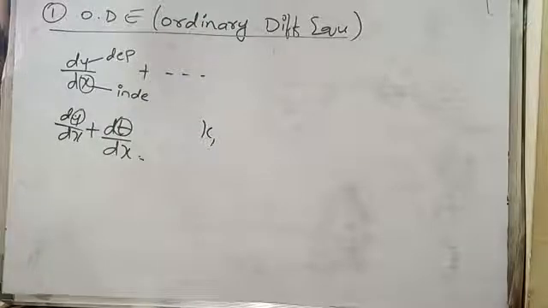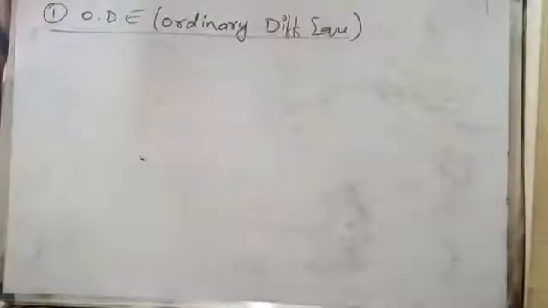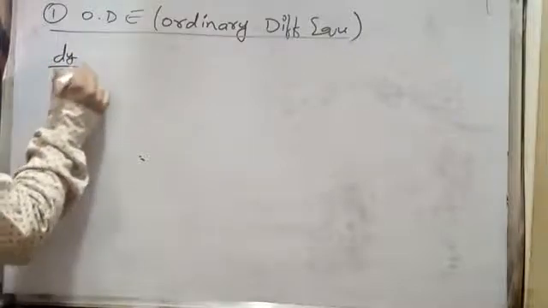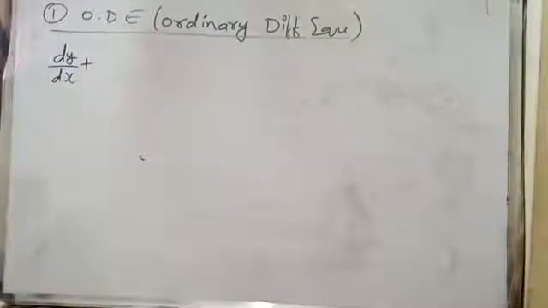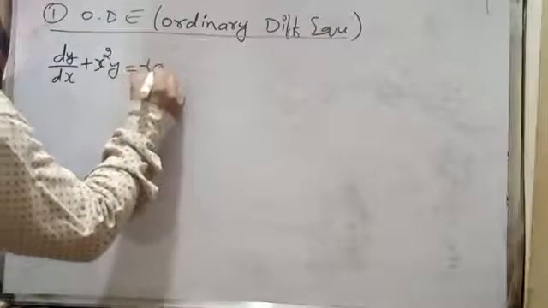Now, this is about the differential equation. I can give you an example where an independent variable will be there, its derivative will be there, and a dependent variable will be there. I can say dy by dx plus x square times y is equal to tan x.